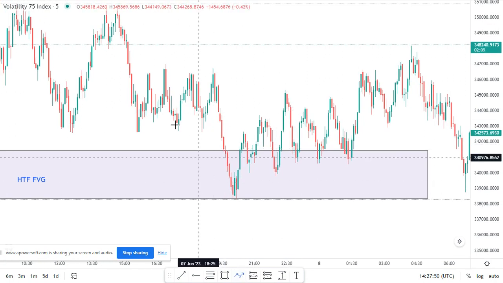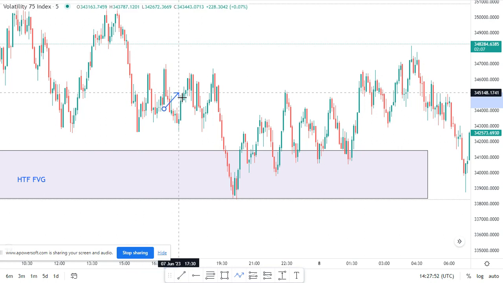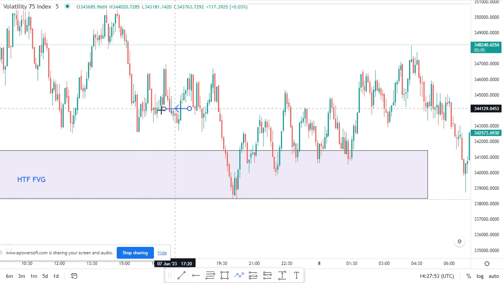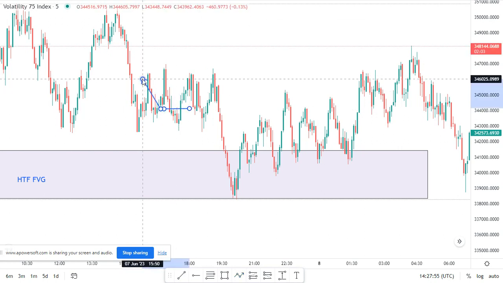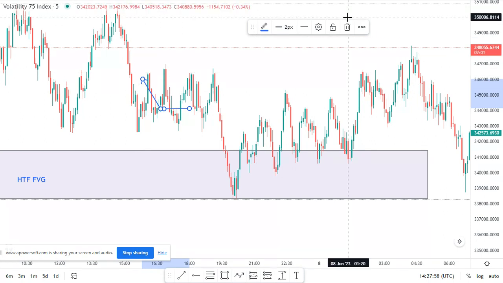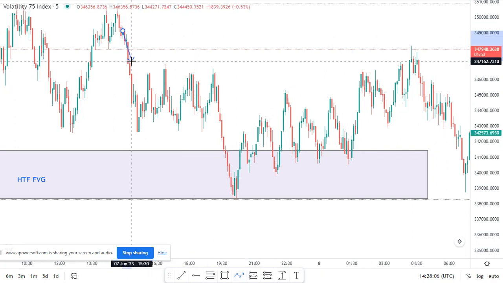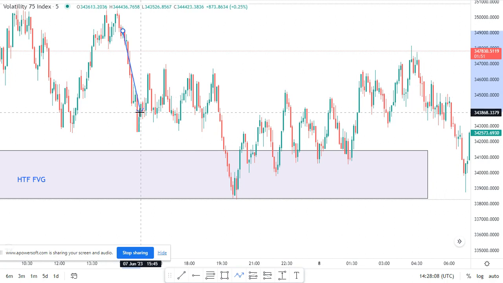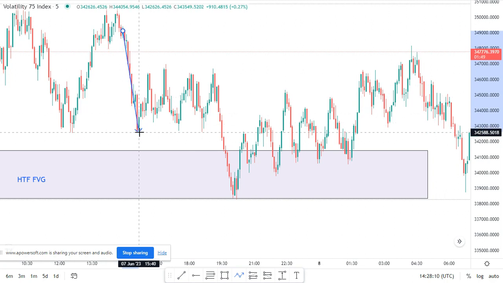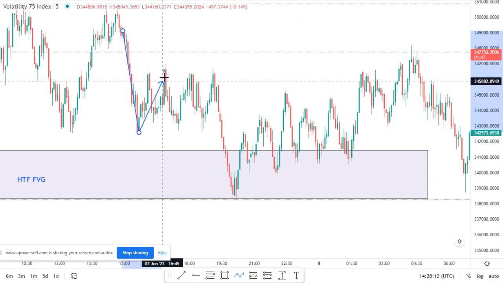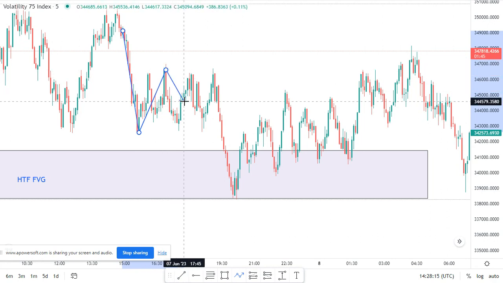What is happening here? Price moved lower: low, lower high, lower low.